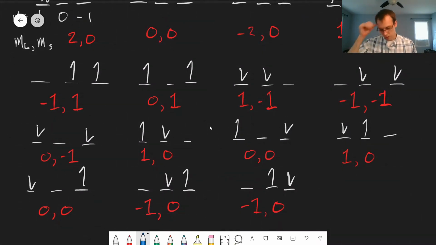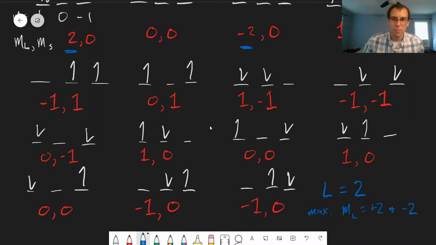I'm going to use my different colors here. So what are our maximum M sub L and M sub S values? Our maximum we have here is a +2 and a -2. And that tells us that we have to have at least an L equals 2 state. Because we have a max M sub L of +2 and -2, our maximum and minimum, right?